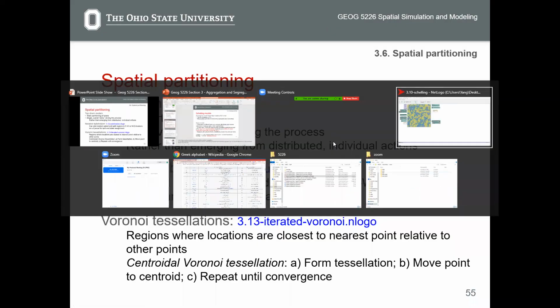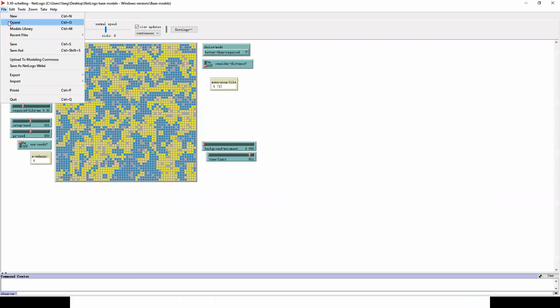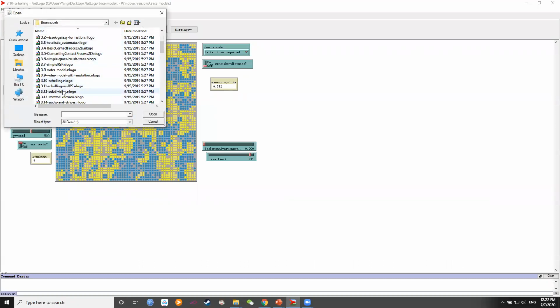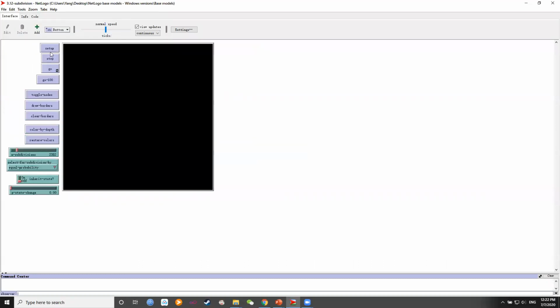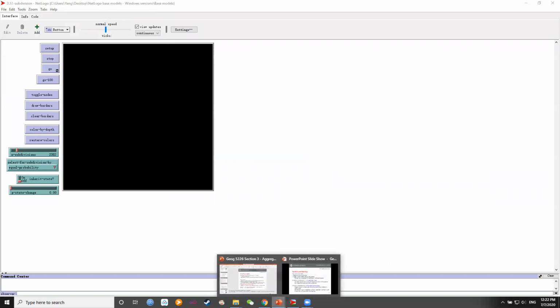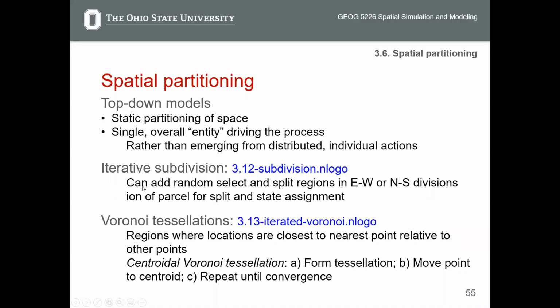Where is that? 3.12 Subdivision. This is a very simple model. The idea here is to randomly select and split regions in east-west direction or north-south direction divisions.